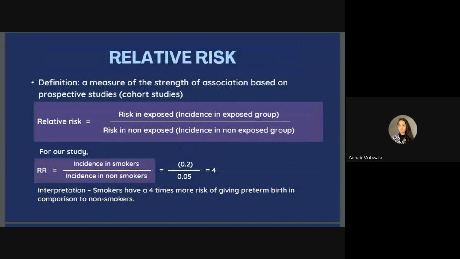That's where relative risk comes into the picture, where we take a ratio of the risk in the exposed upon the risk in the not exposed. In this example, as you all mentioned, it was 20 on 100 upon 5 on 100. That comes to a ratio of 4. And we can interpret this result as: smokers have a 4 times higher risk of giving rise to preterm birth in comparison to non-smokers.